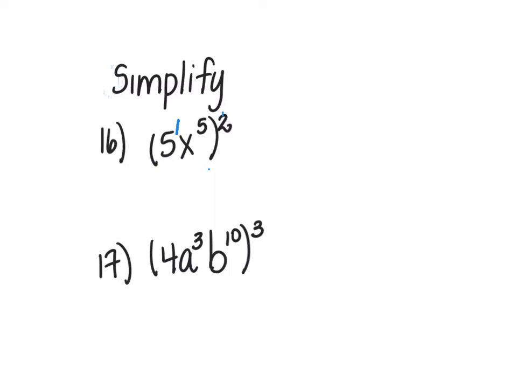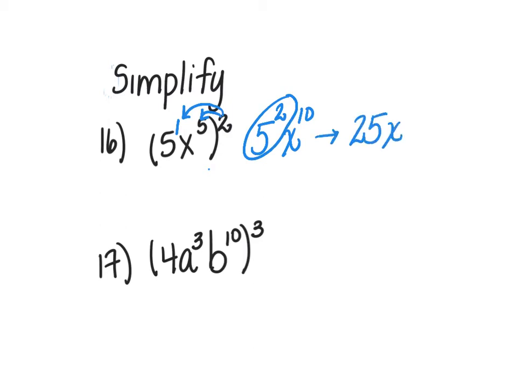So when I multiply the inside powers by the outside powers, I'll keep the base, and then 1 times 2 is 2, so this is 5 to the second power. Keep the base of x, 5 times 2 is 10. Now 5 to the second power can be simplified, so I'm going to rewrite this as 25x to the 10th.